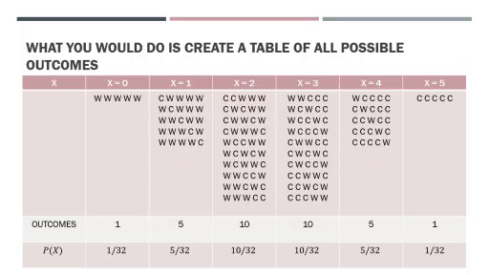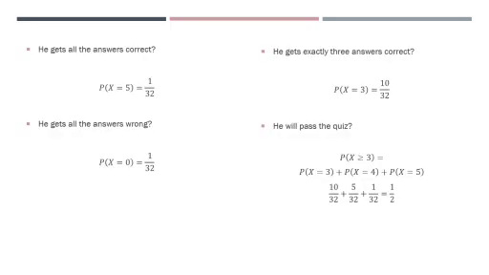As you see, it makes a nice little curve here. It gets bigger and then it falls back down, and it gets a nice little distribution. The bottom row is the probabilities of each. So as we go back to the problems, if we want to find the probability of him getting all of them correct, there's only one option out of the 32 possible.